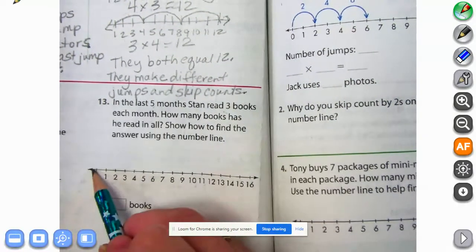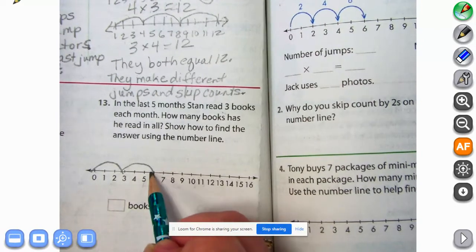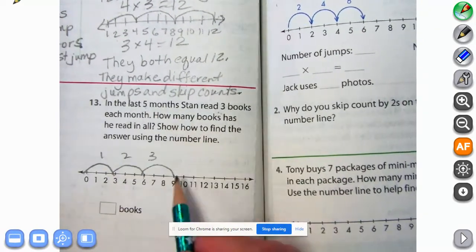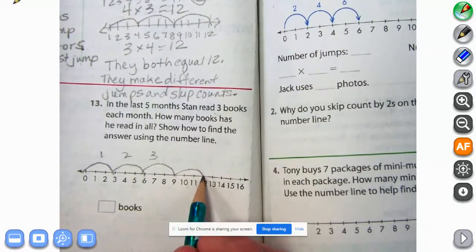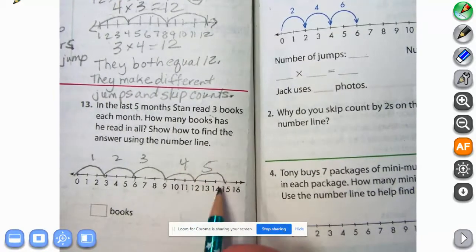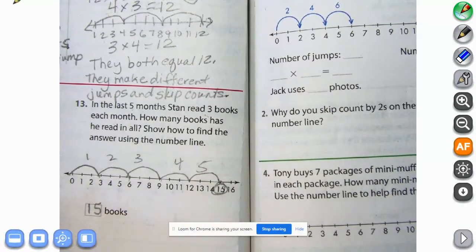So our first jump is at 3, 6, 9. So we've made 1, 2, 3 jumps. We need to do 5. 12, 15. There's 4, and there's 5. We landed on 15, so there are 15 books that he has read.